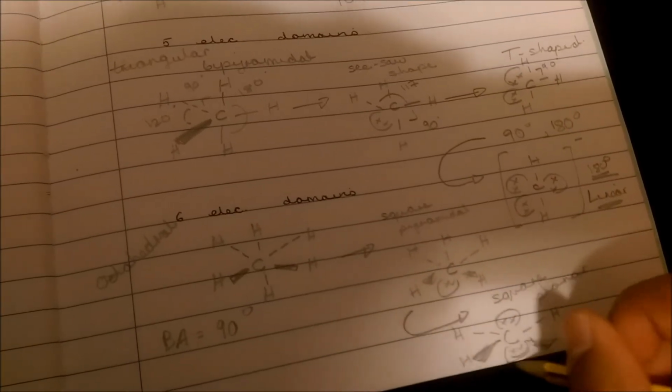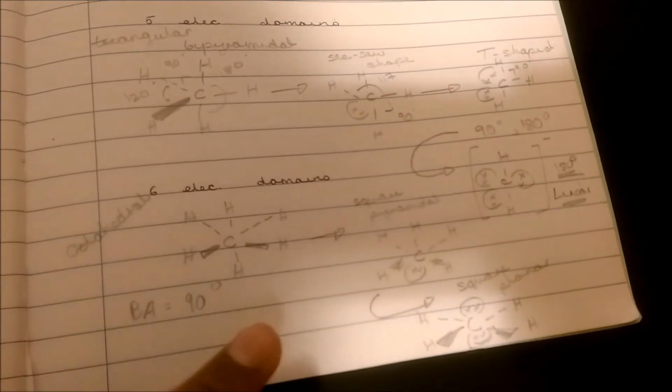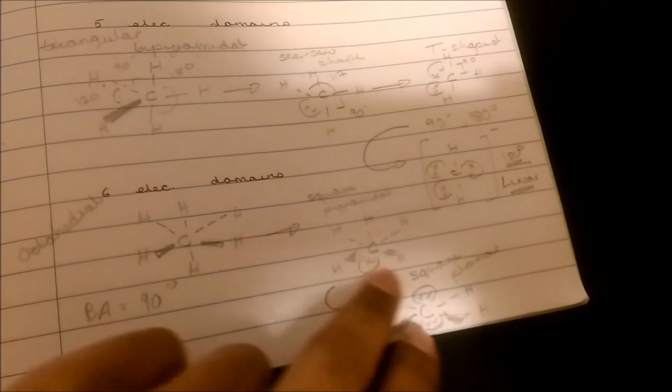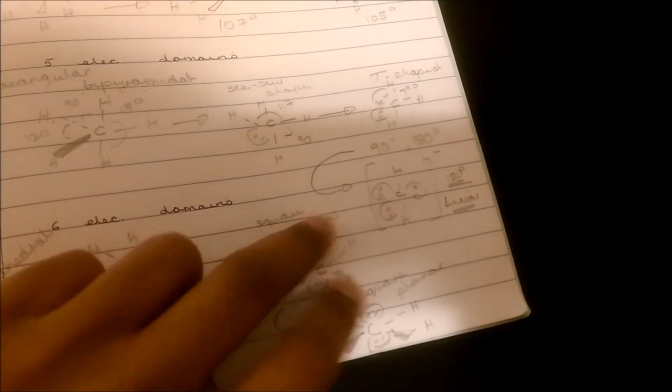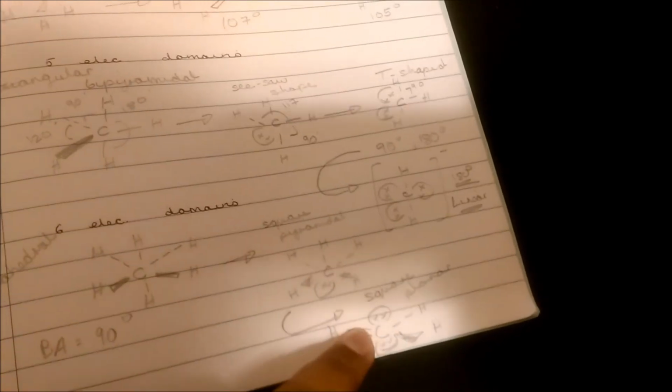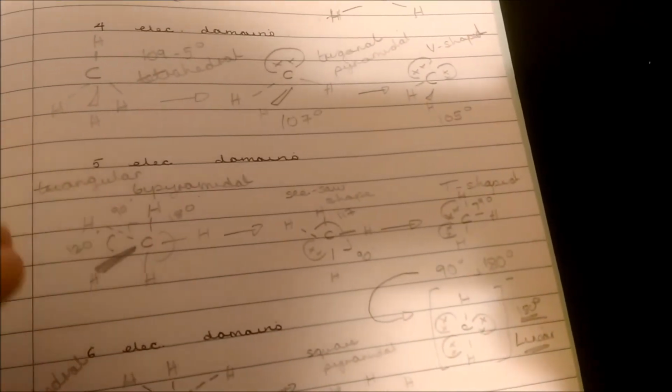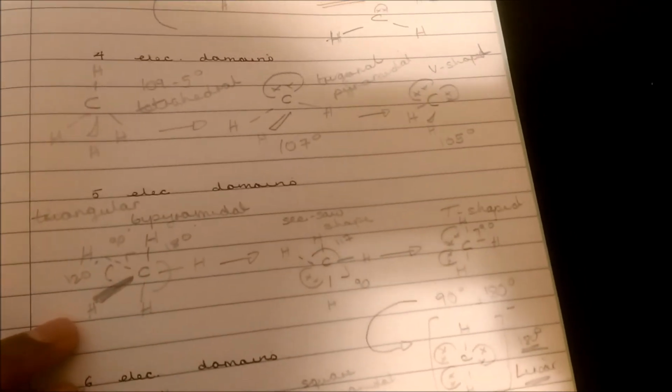Sorry about that. So that's two lone pairs, as you can see. So there you have it. You have the six electron domains here with two lone pairs removed, so you get a square pyramidal, square planar. And as you can see, this is it. This is what we've done so far.